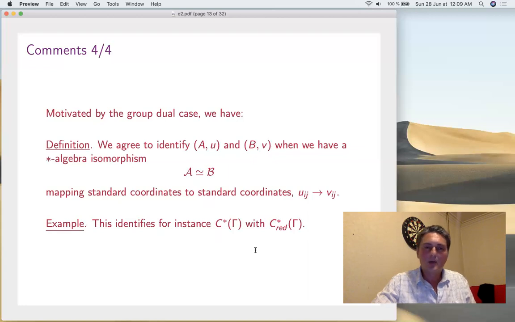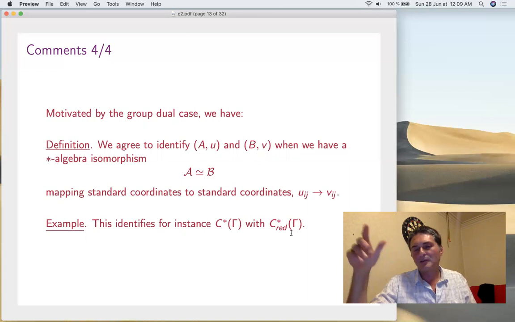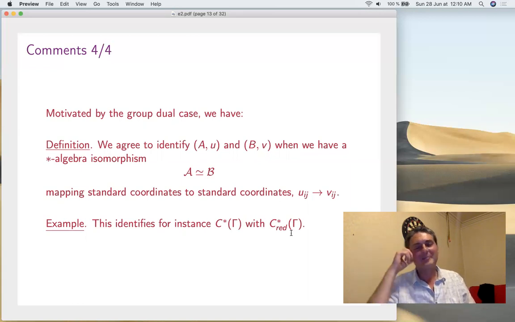Now, one more comment. For group algebras, there was this problem vaguely discussed when we did operator algebras: C star of gamma is the universal algebra, but the image of C star gamma in the regular representation, called the reduced algebra, is also a group algebra, and they are not the same. It depends on gamma.